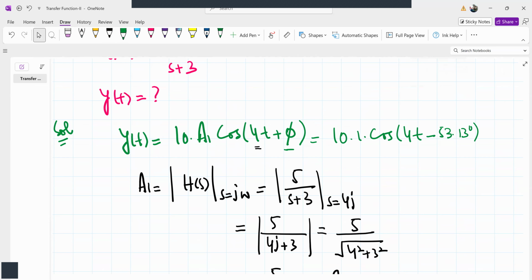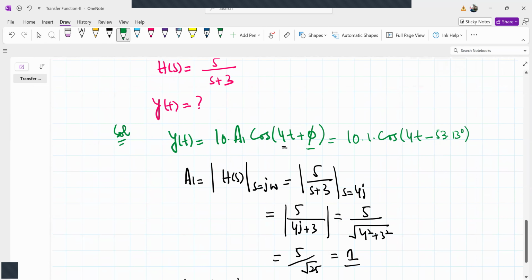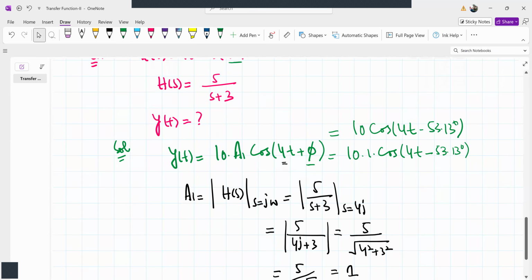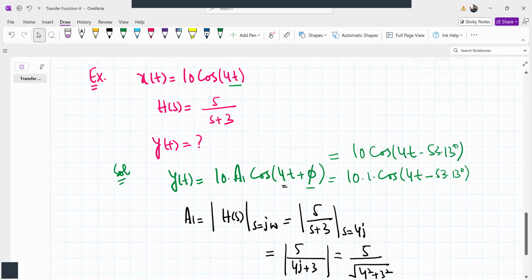Okay, so if you look at the output and input, output we can write as 10 cosine 4t minus 53.13 degrees. So if we look at the output and input, only two quantities change. And this time the amplitude is same. Okay, amplitude didn't change, only phase changed from input to output.